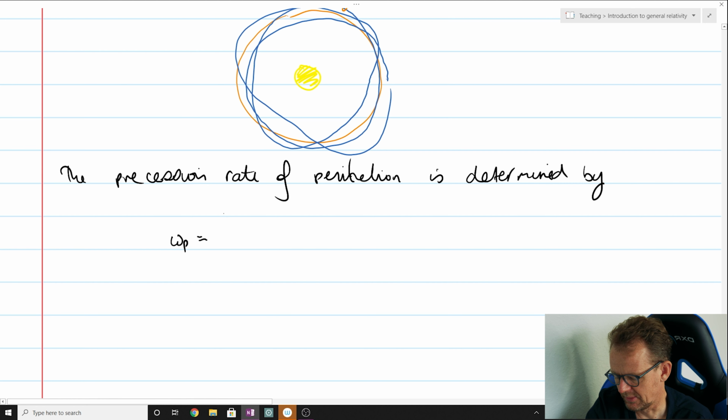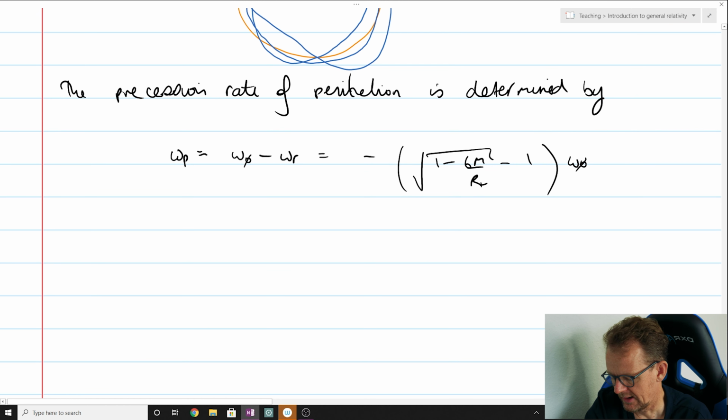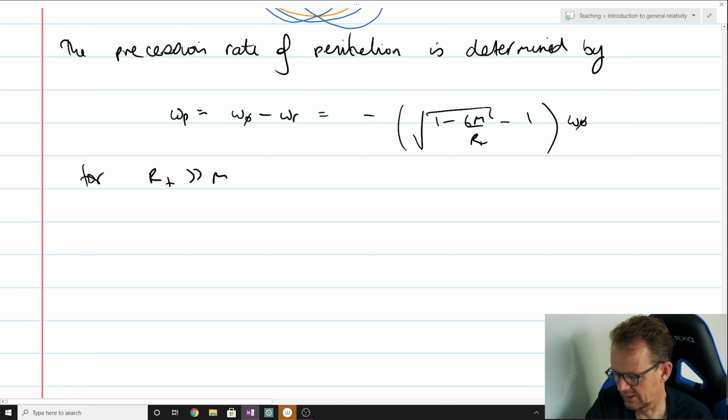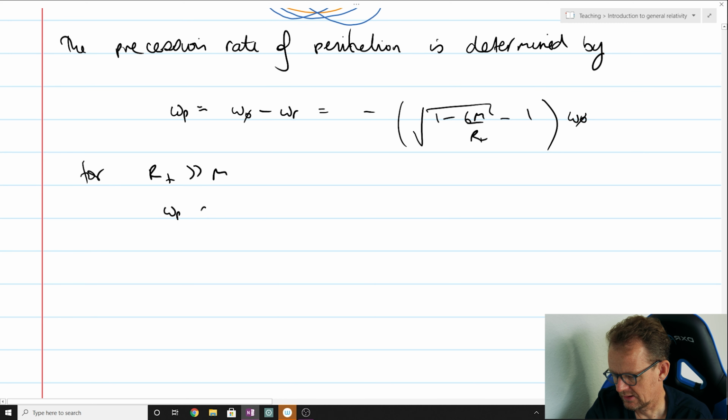And you can estimate this precession rate as being just the difference of these two frequencies, and substituting those numbers in, you arrive at the following formula for this precession rate. And for the not quite Newtonian limit, but for the limit where r plus is a lot bigger than m, this precession rate is approximately 3m to the 3 halves over r plus to the 5 halves.